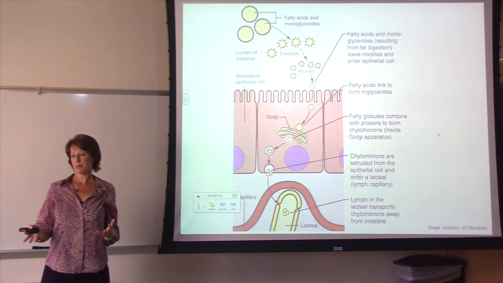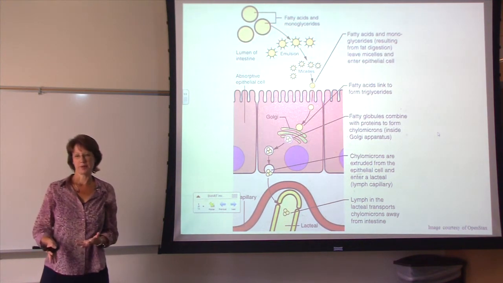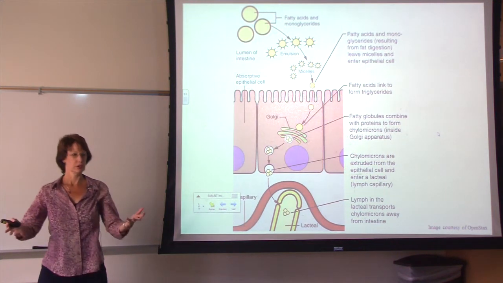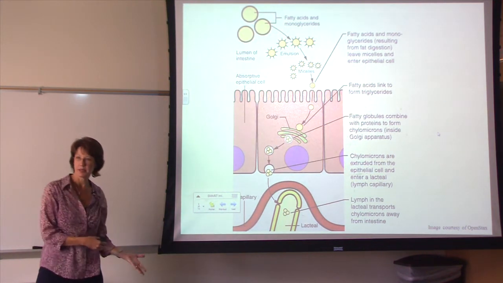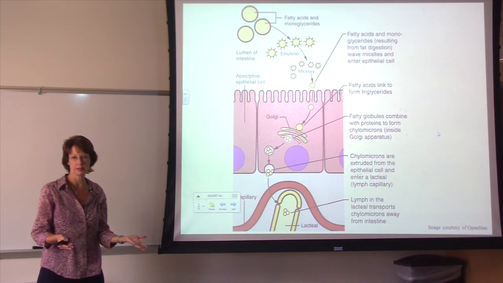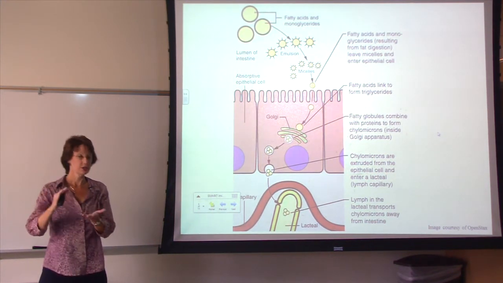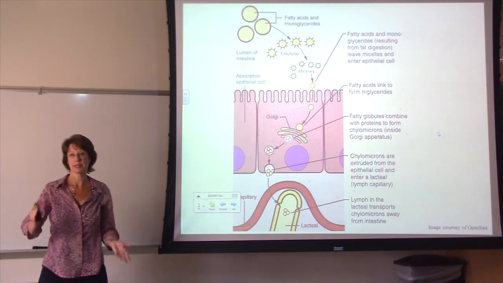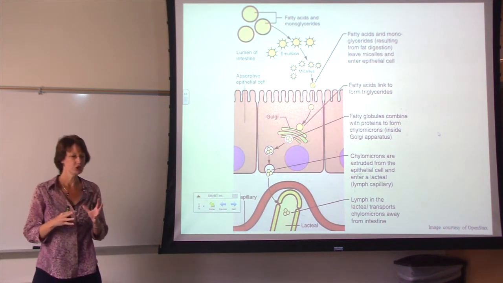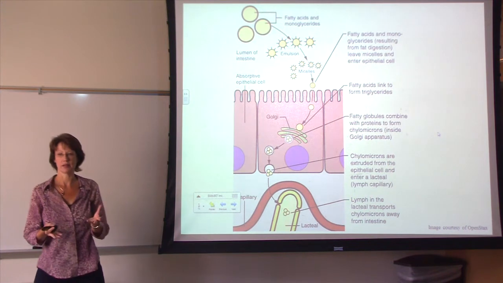And then you remember the process by which non-polar molecules get across a plasma membrane, because the great majority of a plasma membrane is non-polar, so they can just use simple diffusion to get across the membrane into the cells lining the duodenum.